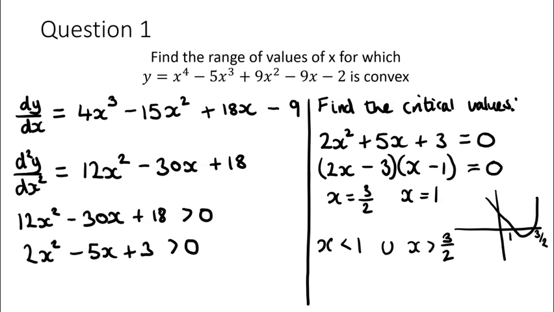Okay, so that would just simply be my solution, that if x is less than 1, or if x is greater than 3 over 2, then the function is convex, i.e. it means that for any of those values of x, the rate of change of the gradient is increasing.